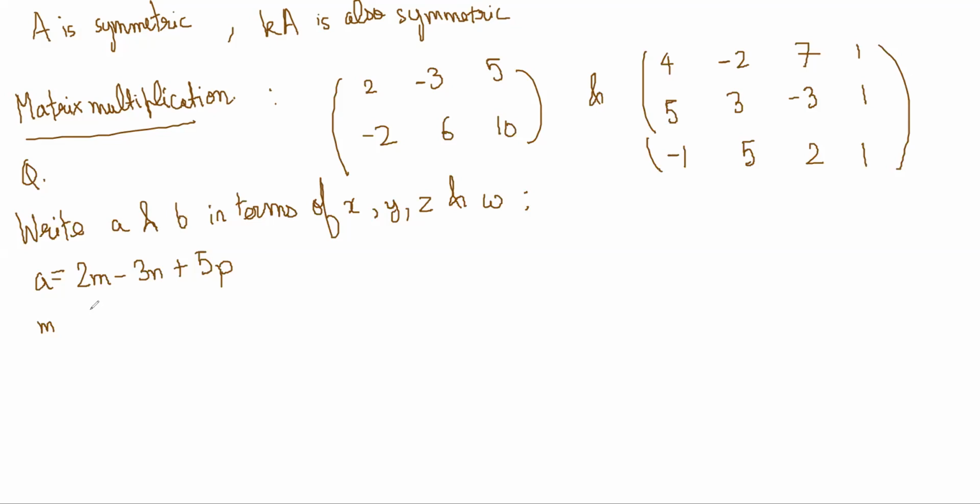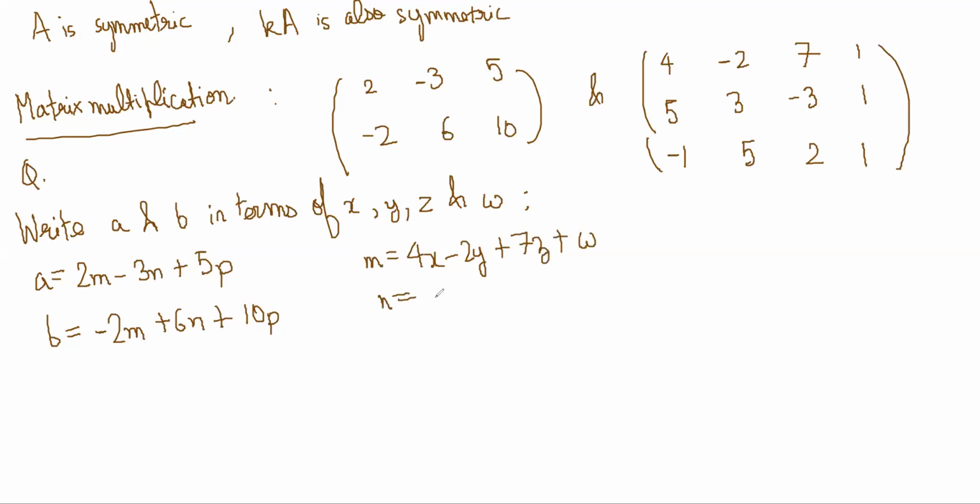B is equal to minus 2m plus 6n plus 10p. M is equal to 4x minus 2y plus 7z plus w.